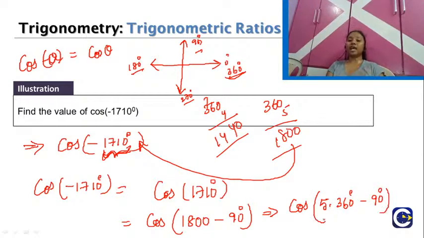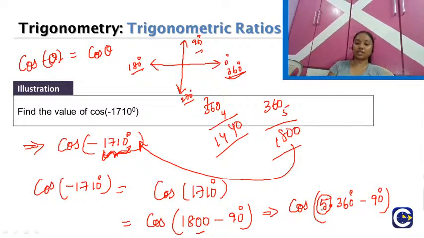What does this 5 indicate here? It indicates that we end up with this angle after doing a complete 5 revolutions. So there is no need to worry about it; it resembles the number of revolutions. We have replaced our 1800 with 5 times 360 degrees.